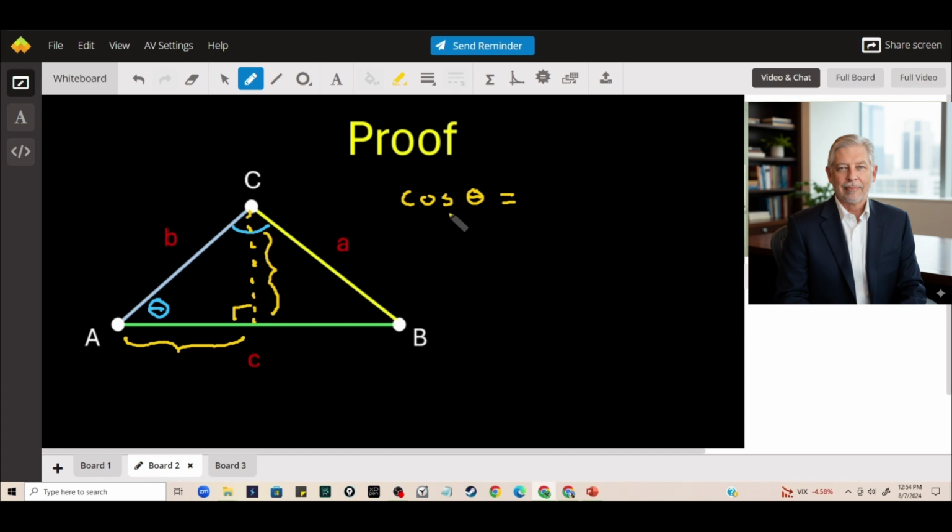So that's just going to be this distance right here. And let's just mark this as D. So we have a point. We're just going to say that's distance AD.